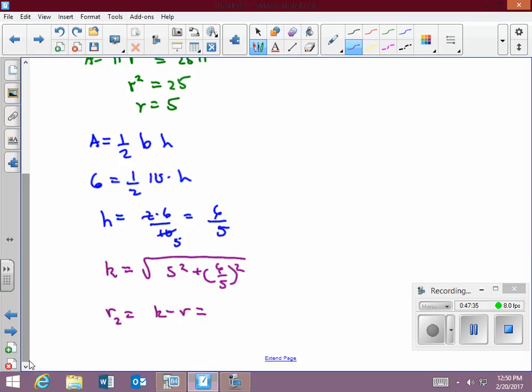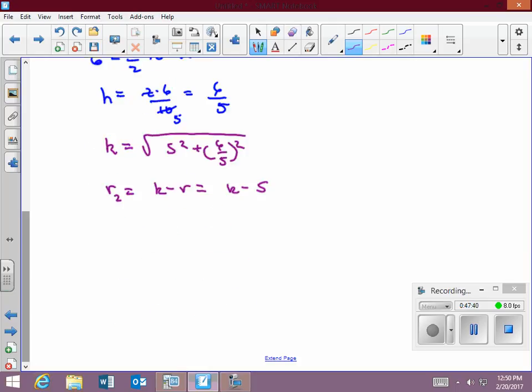And that k is right up there, so it's k minus 5. Then I'm going to use that k minus 5, the area of the small circle is pi times r2 squared. Okay. So I'll leave you to put the numbers to it, but that's how you do it.